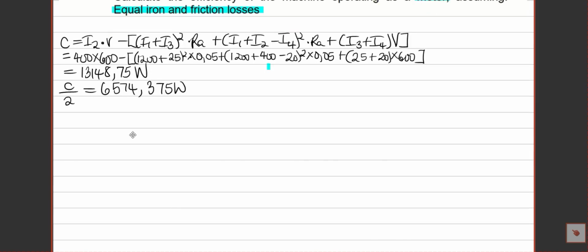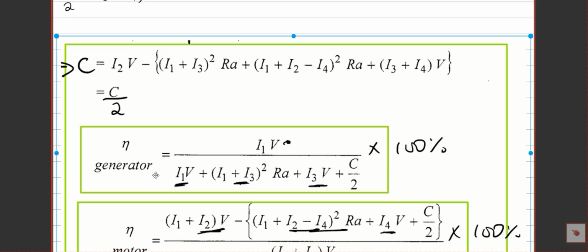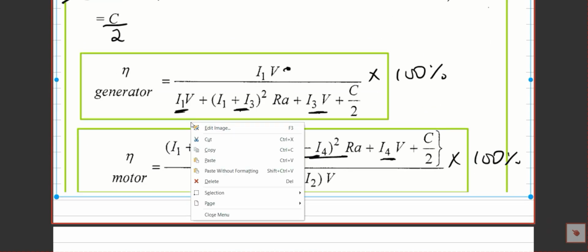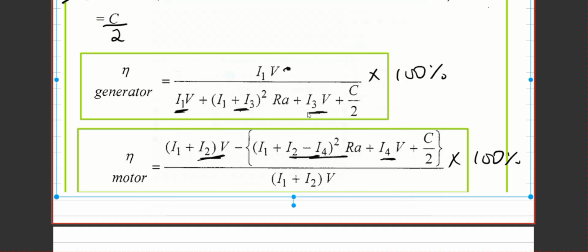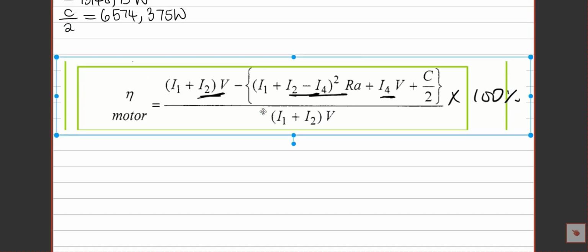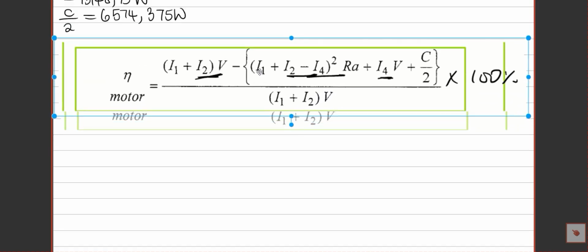Next part of the calculation, efficiency. So for efficiency, remember we're doing efficiency measured as a motor for our machine if it's operating as a motor. I'm going to rewrite this formula.